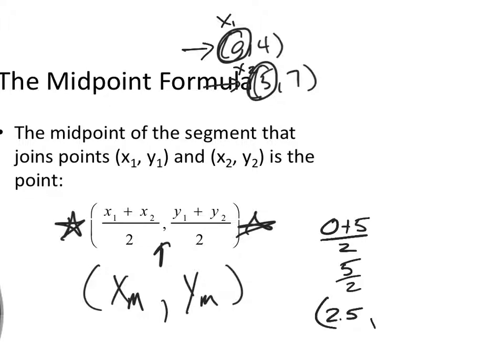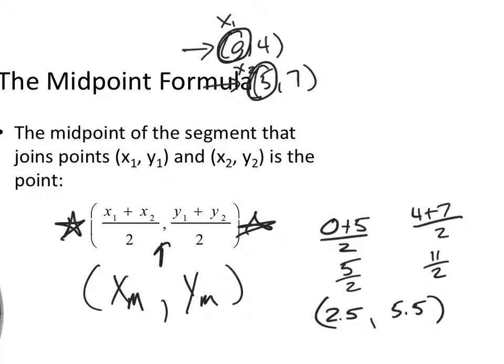Now I'm going to do the y's. 4 plus 7 divided by 2. 4 plus 7 is 11. 11 divided by 2 is 5.5. If you want to know where's the point that is the middle of those 2 points, it's at 2.5, 5.5. That's the middle of those 2 points.